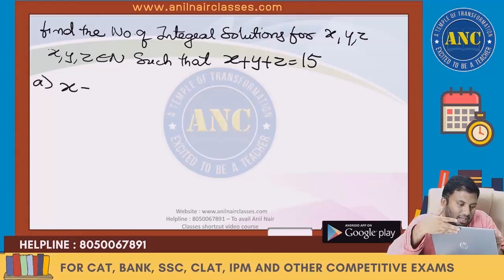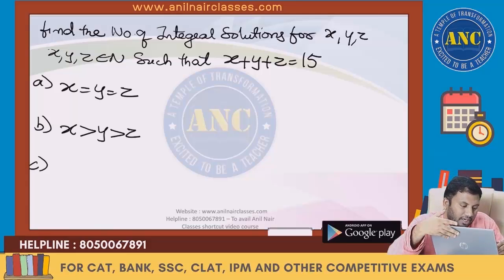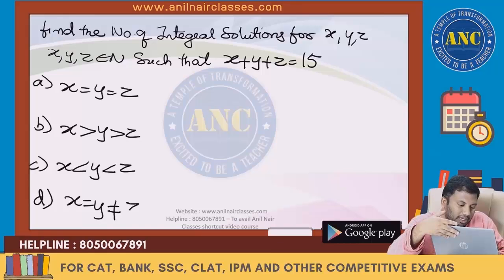First case, x equivalent to y equivalent to z. Second case, x greater than y greater than z. Third case, x less than y less than z. Another case, x equivalent to y not equivalent to z.